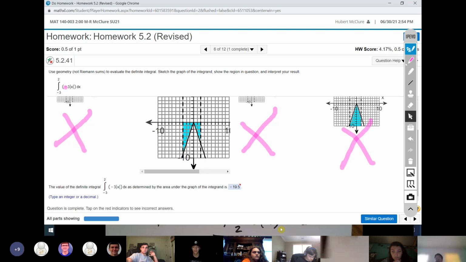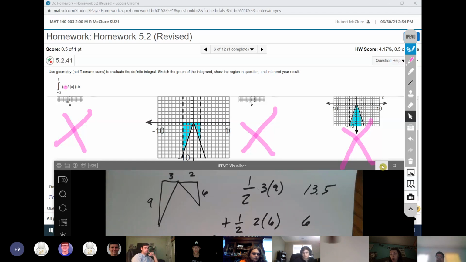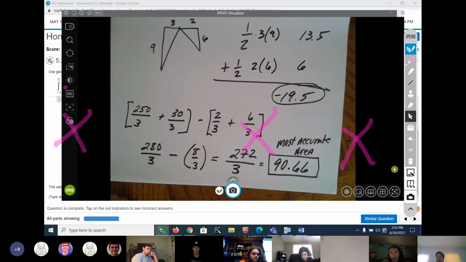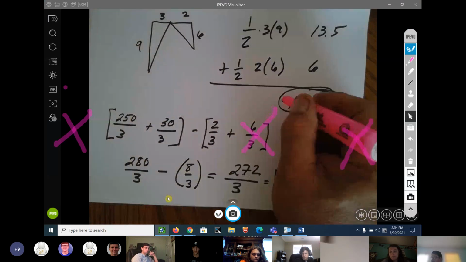Yeah. And the only reason for the negative, and I want you to realize this, the only reason for the negative is that it is below the x-axis. And I want you to write that down in your notes. It's below the x-axis.